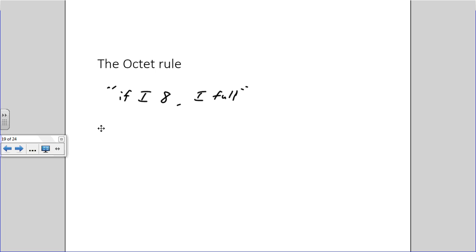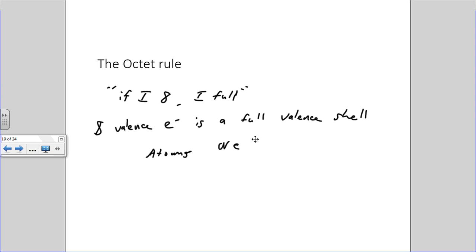The idea is that 8 valence electrons is a full valence shell, and atoms are stable with a full valence shell. They're stable and happy when they have that full valence shell. That's what they're looking for.